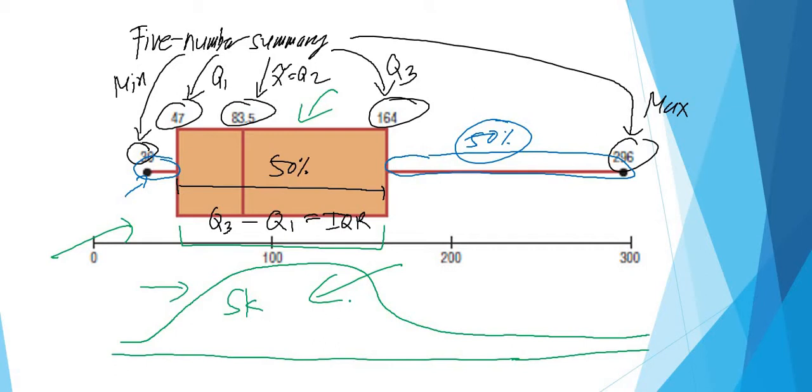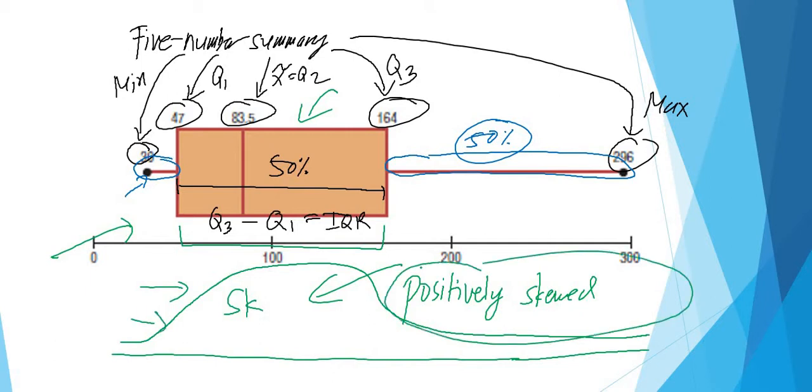So we can say that this is a positively skewed distribution. The box plot can give us a lot of information: the shape of our distribution, whether it's positively skewed, symmetric, or negatively skewed.